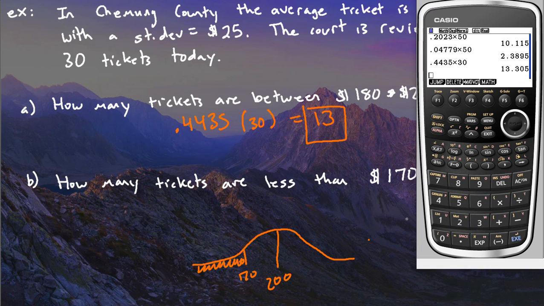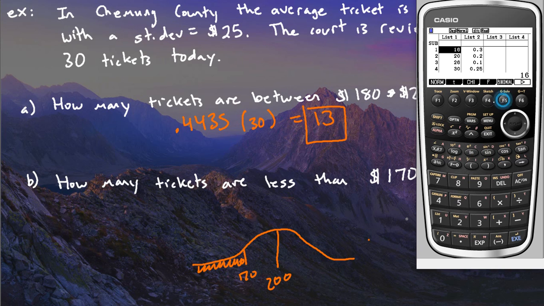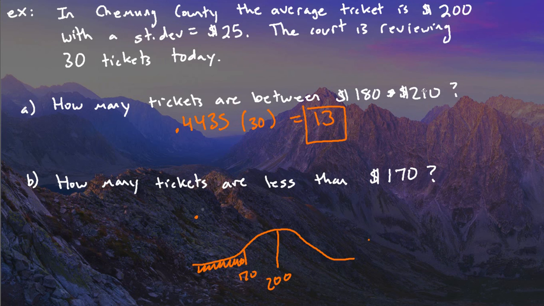So, go back. I don't need to put the distribution information in again, but I do need to alter this. So less than 170. So negative 10 to the 10th will be my lower bound, and the upper bound is 170. And let's see here, 11.5% chance.